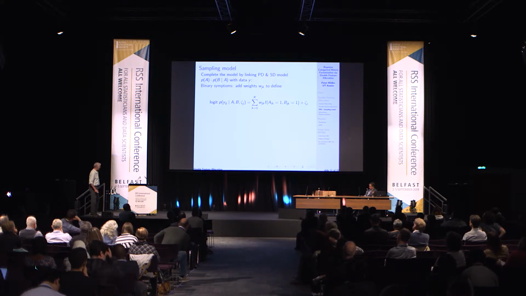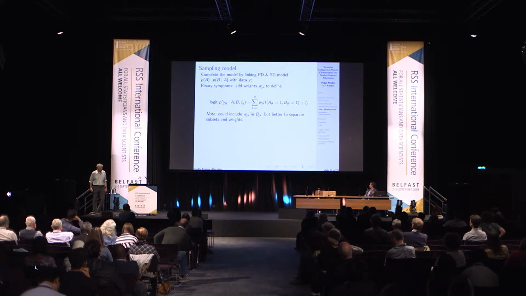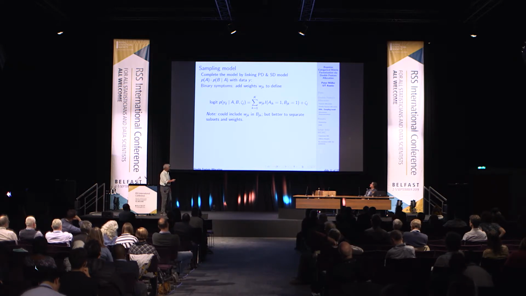Then there's some marginal rate, which could be due to diseases that are not part of our model because we don't have enough power to discover them, or it could be just some kind of background rate or model misspecification rate. At this moment, you might wonder why we need to separate this. Instead of having the binary B's, I could have already made the B's something like a weighted entry.